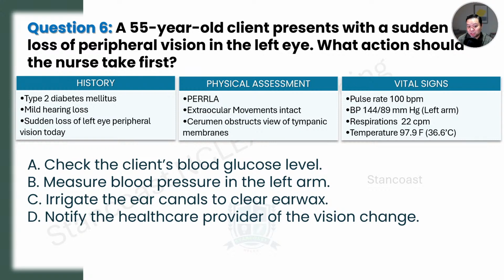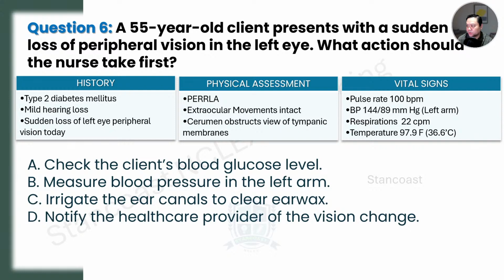Now, the options are the following. A, check the patient's blood glucose level. B, measure blood pressure in the left arm. C, irrigate the ear canals to clear earwax. And D, notify the healthcare provider of the vision change. What will be your answer as a priority action?